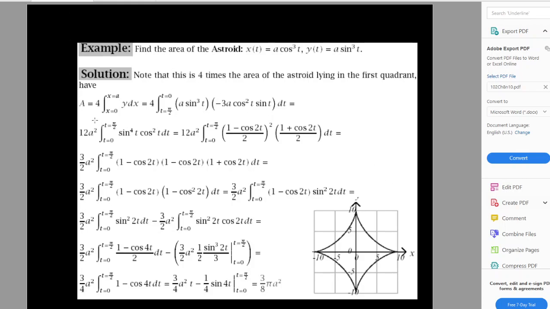So do you see the area? We got this part, right? The area is computed using 4 times the integral taken from x value of 0 to x value of a. You integrate y using the geometric meaning. You can see that is true. Okay. And then our target is to convert everything in terms of t.